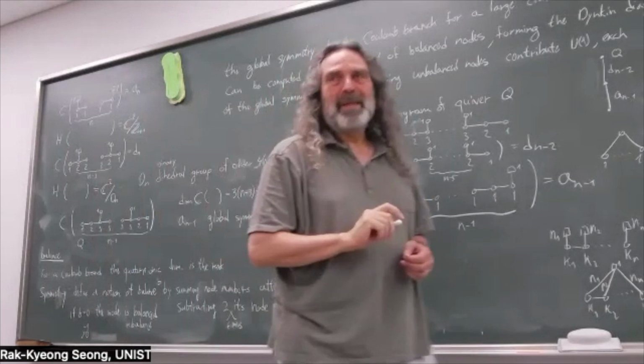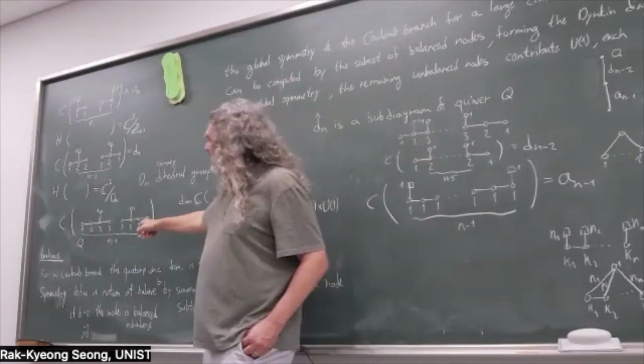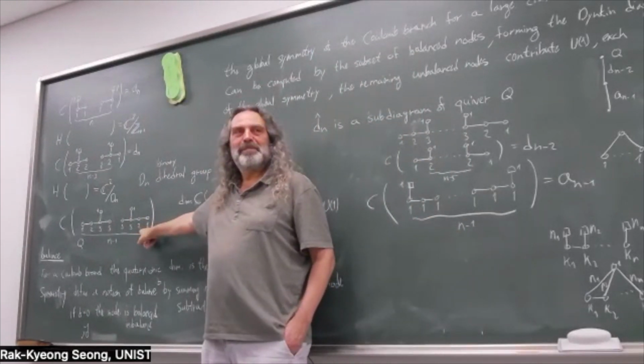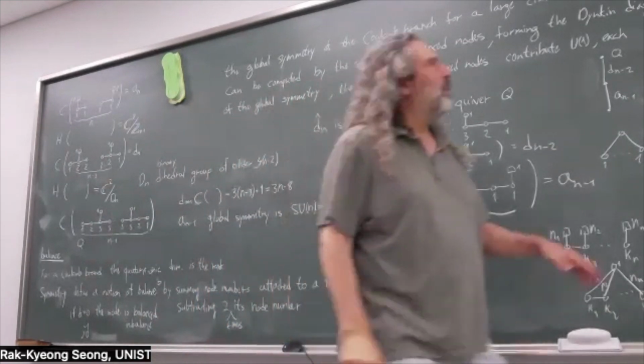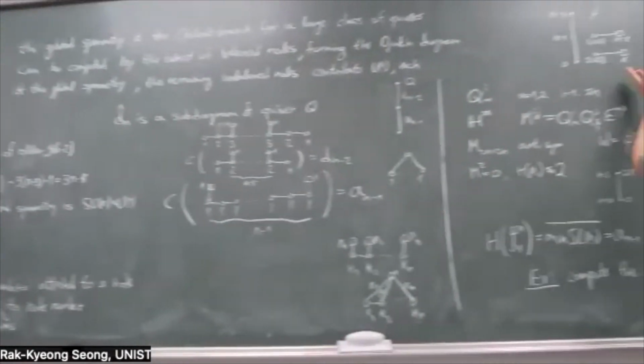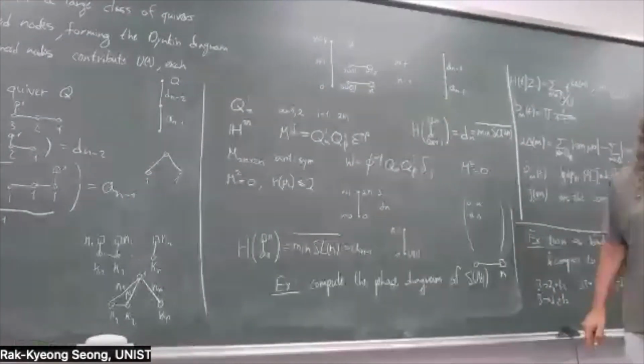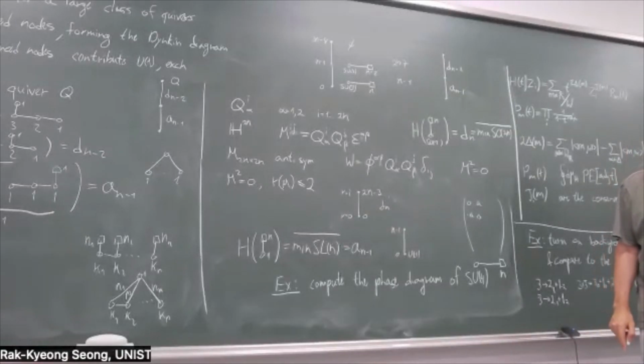Furthermore, compute the Higgs branch of these and the Coulomb branch of this, and you will find that all properties agree: the dimension, the global symmetry, and the Hilbert series.